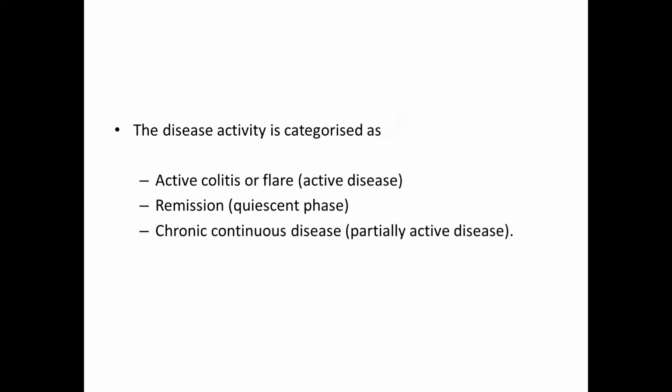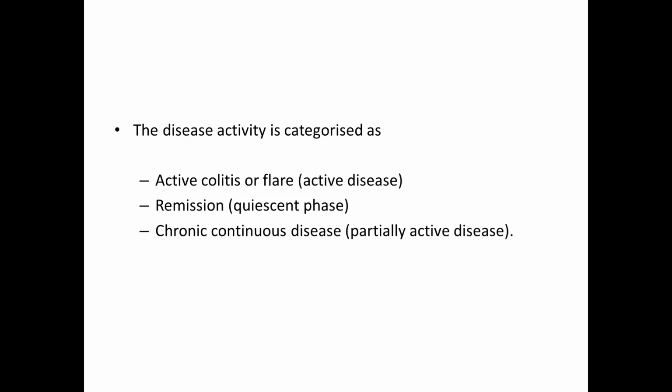So first, we will see the clinical classification of inflammatory bowel disease. This disease can be categorized as active colitis or flare. Whenever there is a sudden and brief burst of disease, it is called active colitis.